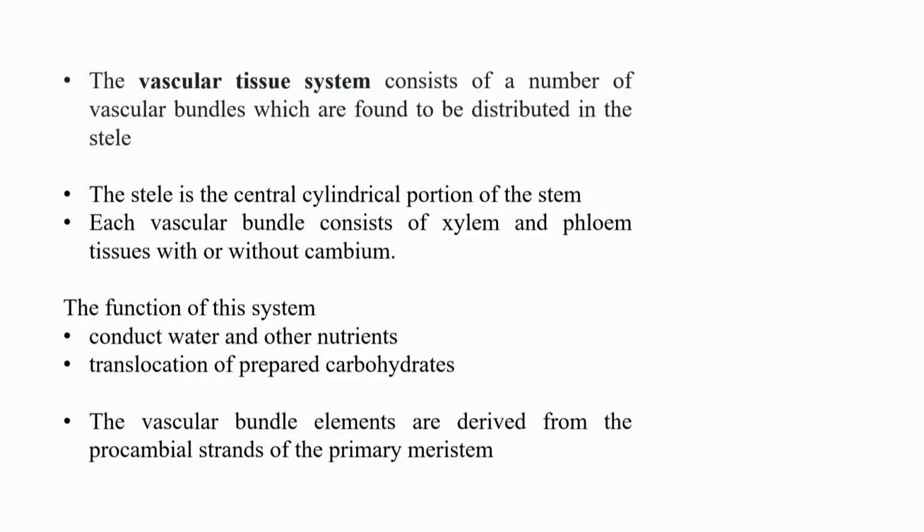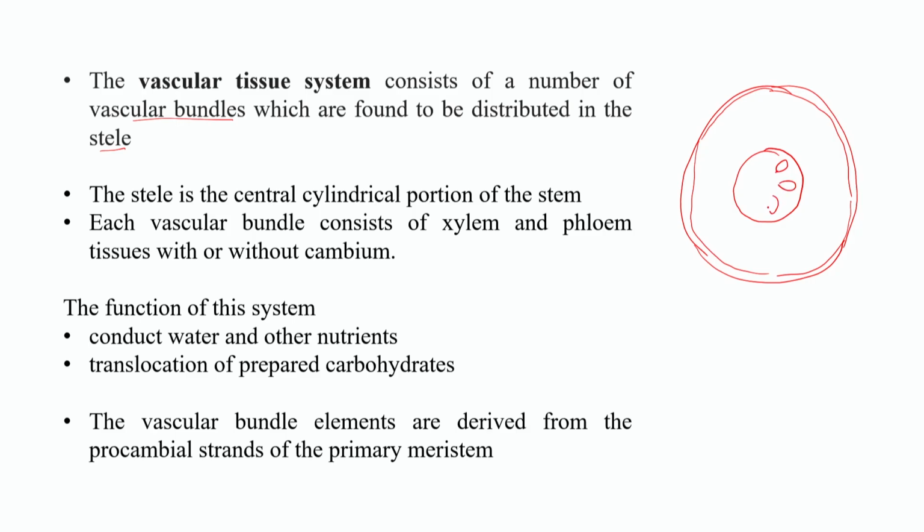Now the vascular tissue system consists of the vascular bundles which are found distributed in the stele. We have discussed the other parts: there will be an epidermis, then a cortex, and then the central part, surrounded by the pericycle.